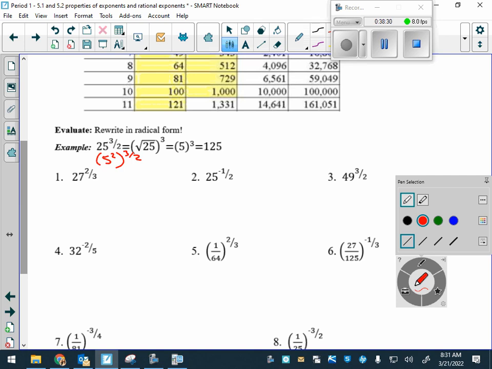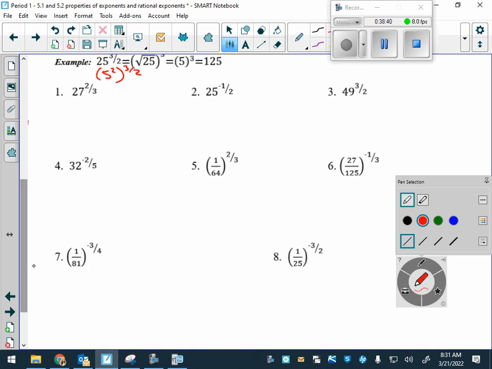But that's why you should know your perfect roots to go back and forth. Okay? So, if we look at number 5 together before you guys get into practice. If we look at number 5, 1 over 64 to the 2/3. How would I rewrite it in radical form? Hannah?